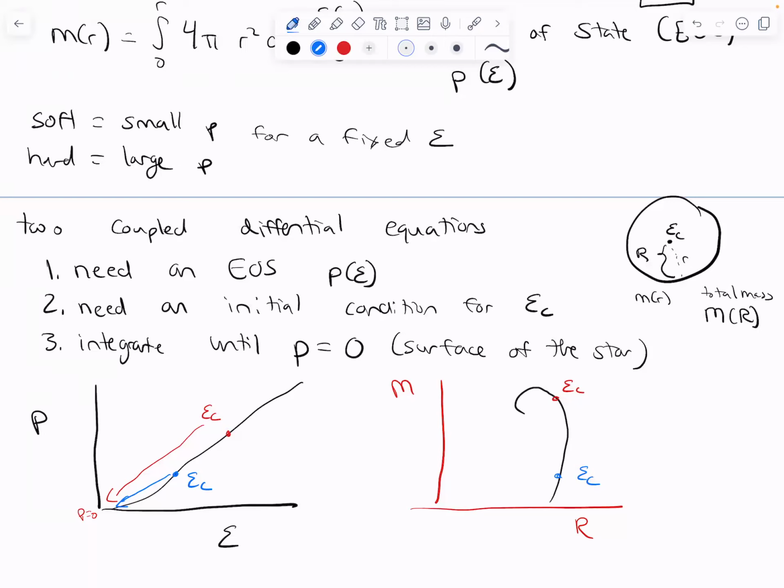Essentially, I'm going to pick many, many different central energy densities along this curve, and from there I integrate until I get what is called a mass radius curve, or mass radius sequence. So the idea is that if I know my equation of state for sure, then I know what the mass and radius are of any neutron star in the entire universe. They should lie on this line.